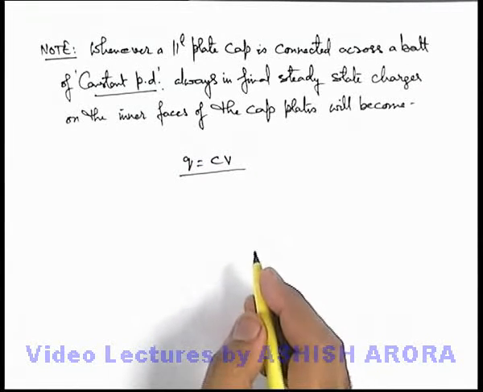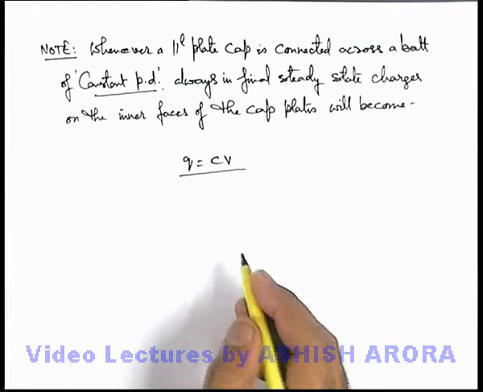Obviously on one plate it will be plus CV, and on the other plate it will be minus CV.